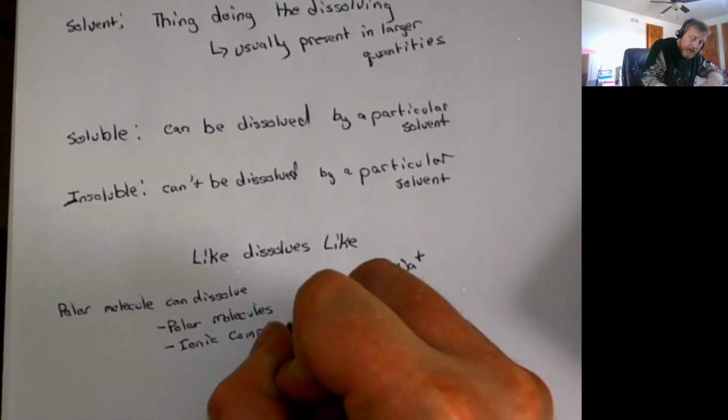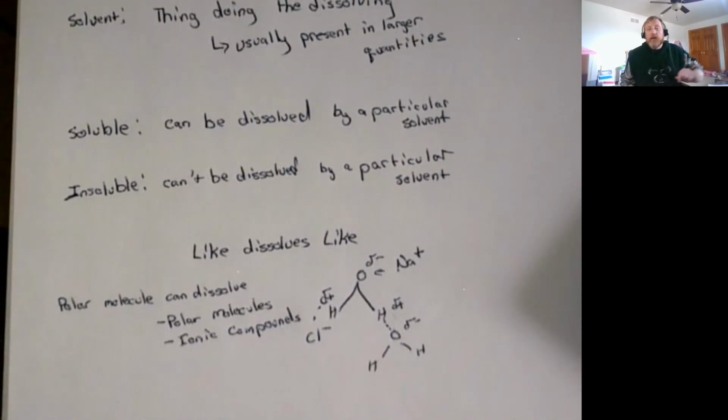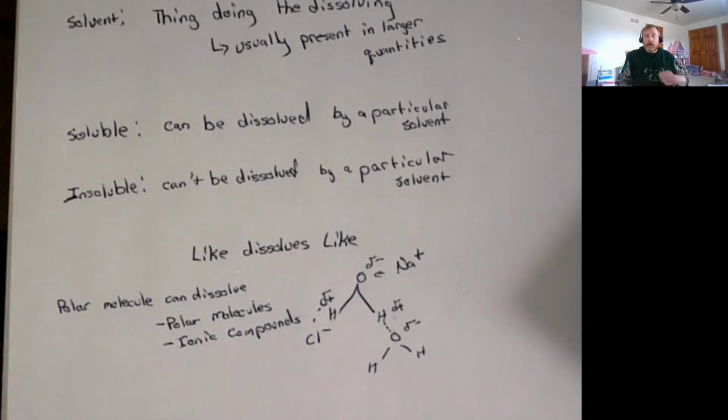Ionic compounds. Now, if we want to dissolve things that aren't polar, then we need a different kind of solvent. If we're going to engage a molecule that mainly experiences London dispersion forces, van der Waals forces, then we need a solvent that mainly experiences van der Waals forces.